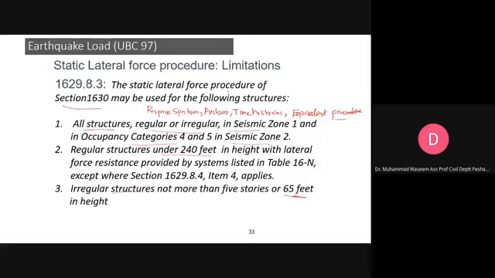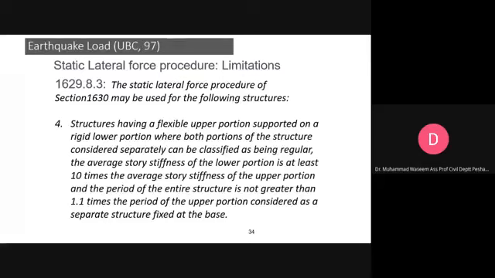Like this procedure can be used for all those buildings which are either regular or irregular and located in zone 1 or zone 2. Okay, now it can be adopted for regular structures up to 240 feet height. Now these are some of the limitations, you can go through them. Okay, this is another limitation of this static lateral force procedure.